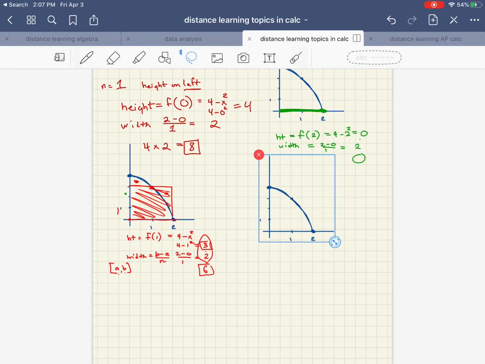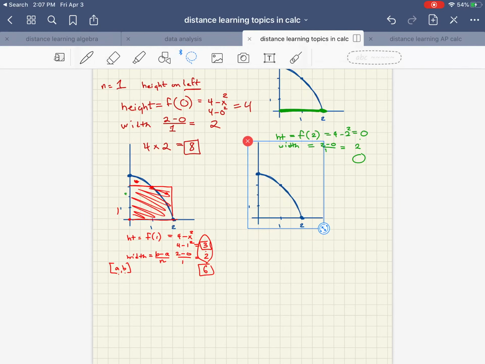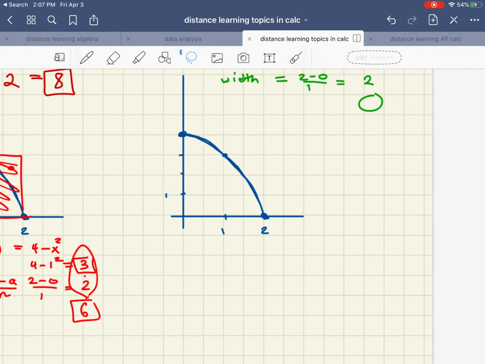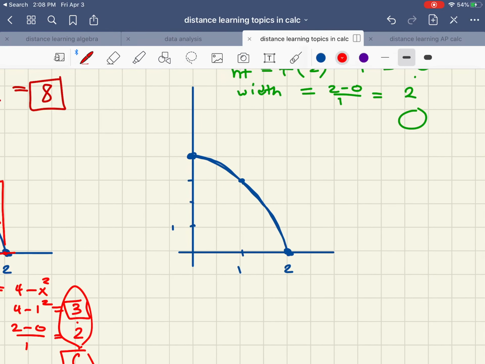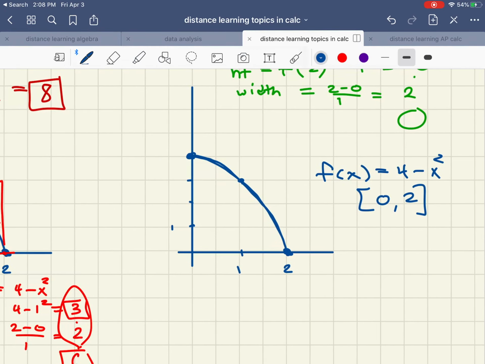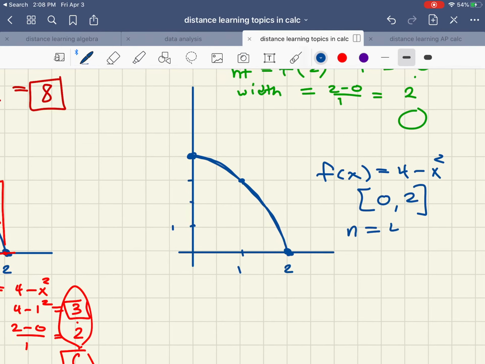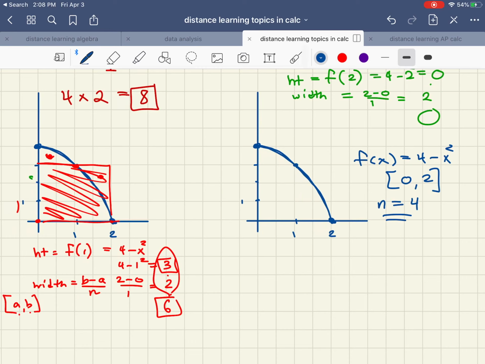So let's use the same function, same interval, 4 minus x squared from 0 to 2, and let's take a look at what it looks like with 4 rectangles.